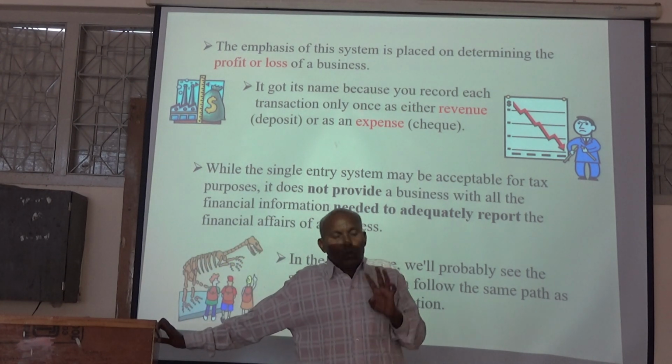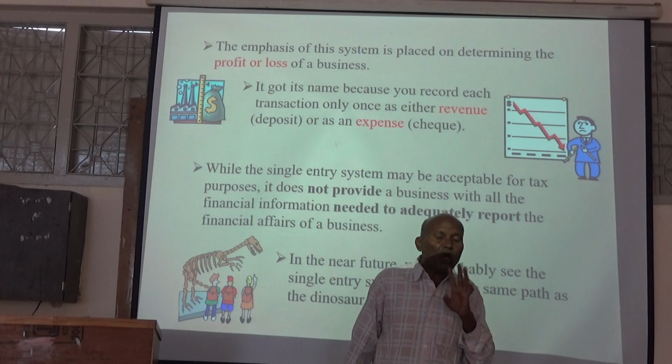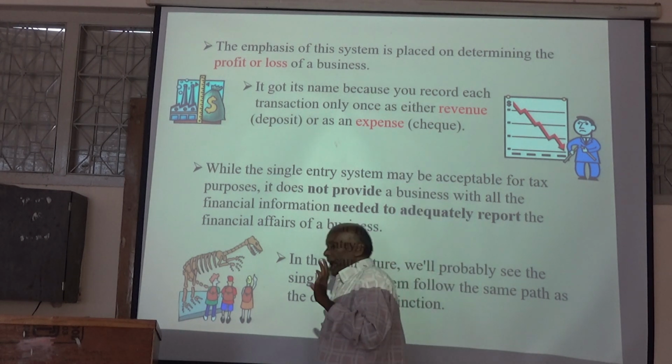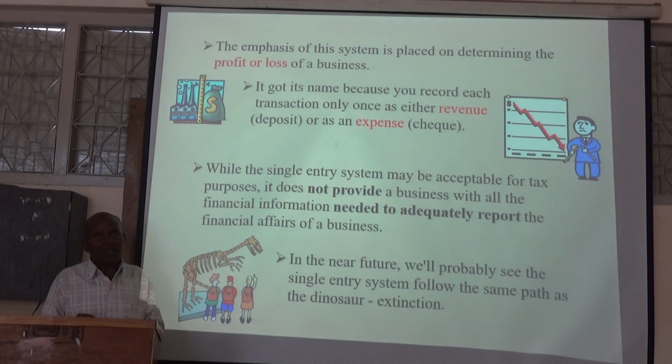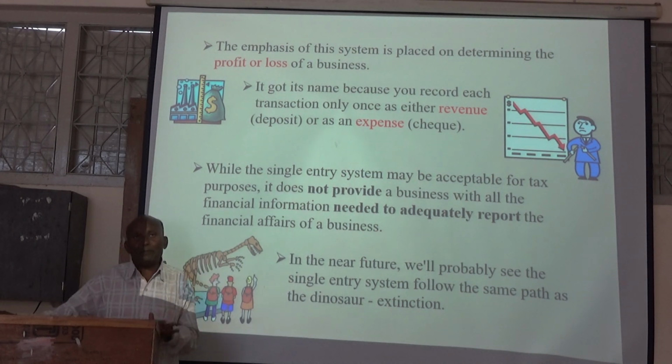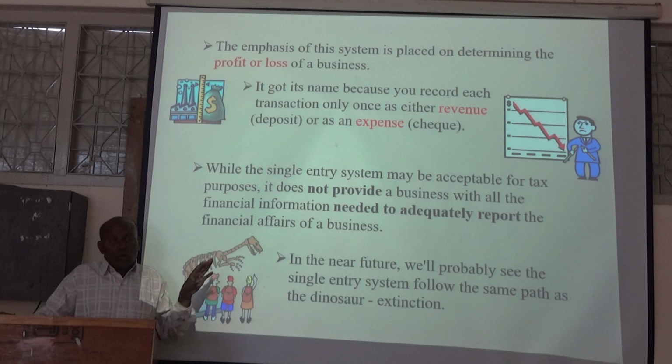Then the third step is to find out gross profit or gross loss, and a statement of gross profit is to be prepared. How is it to be prepared?